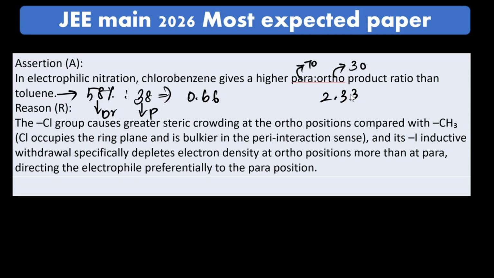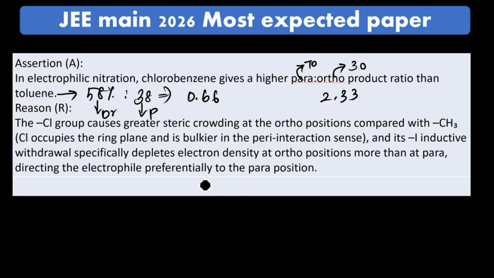So the chlorobenzene gives a higher ratio than toluene. What is the reason? The reason they have given is that the Cl group causes greater steric crowding at the ortho positions compared with toluene. Yes, because Cl occupies the ring plane and creates a periplanar interaction, right?